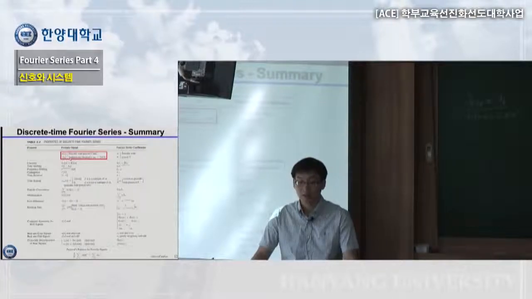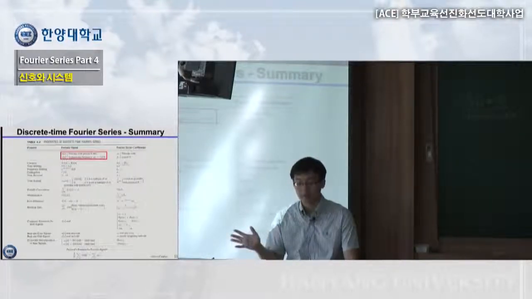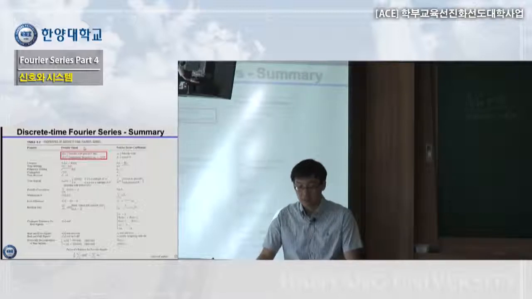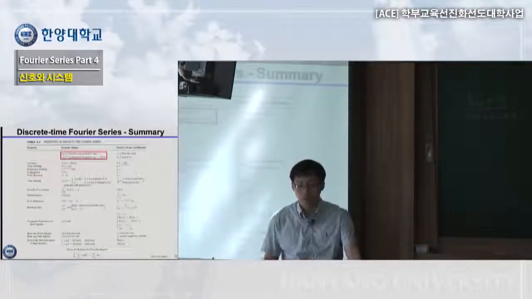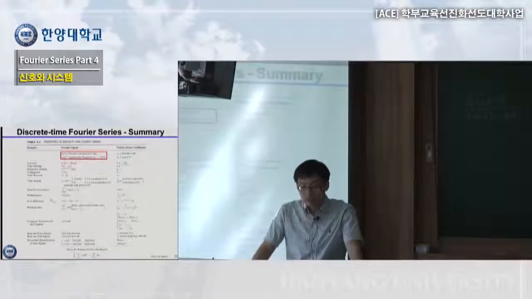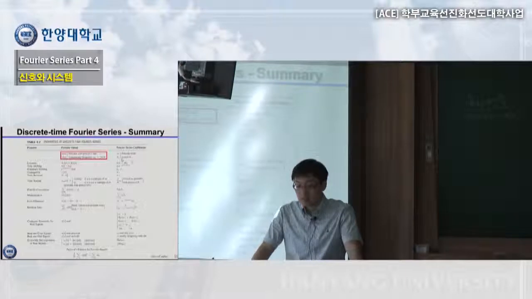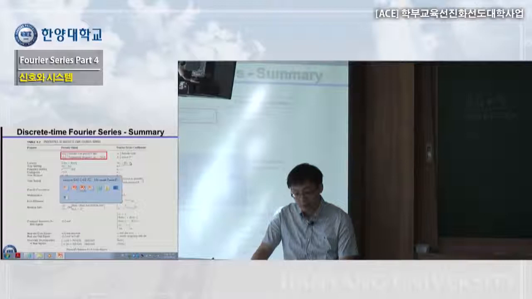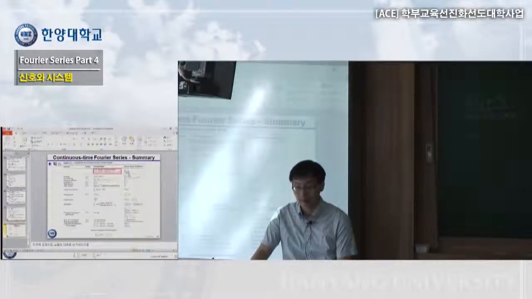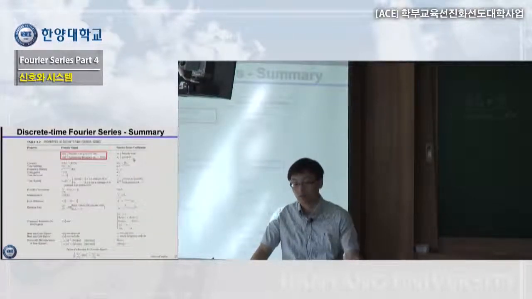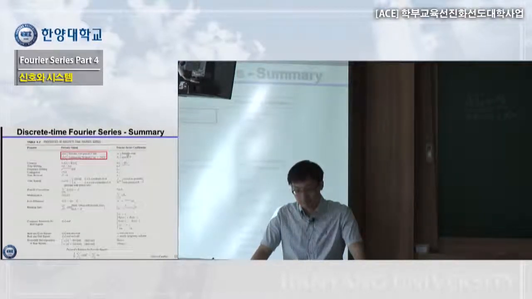In case of discrete time, they are also valid only for periodic signals. They have a period of N, and linearity, time shifting, conjugate, time reversal are still valid, very similar to the continuous case. However, there are several differences. One major difference is this a_k. This a_k is periodic with period of N. In case of continuous time, they are not periodic. In case of discrete time, both signal and coefficient are periodic.